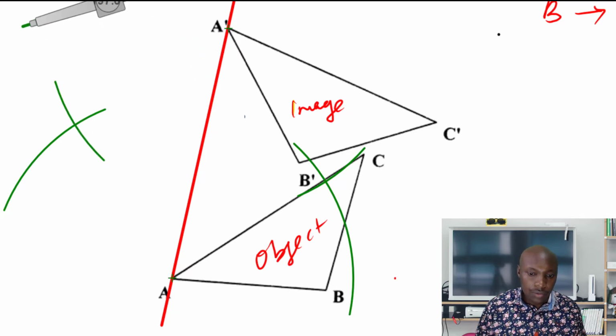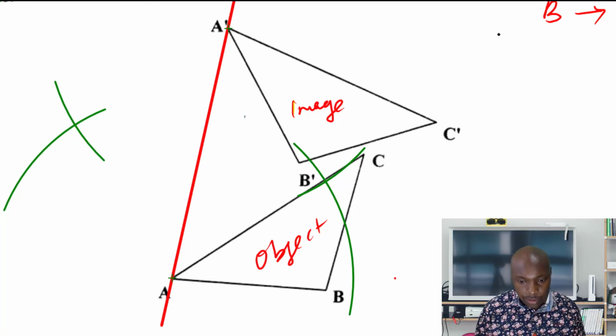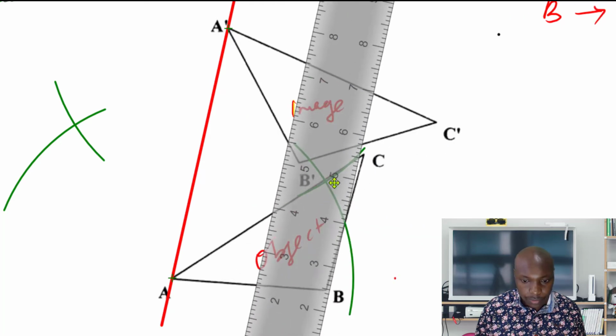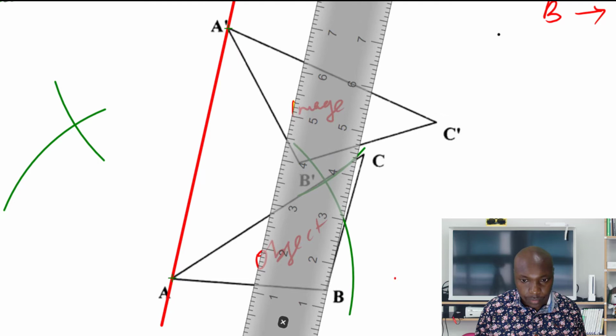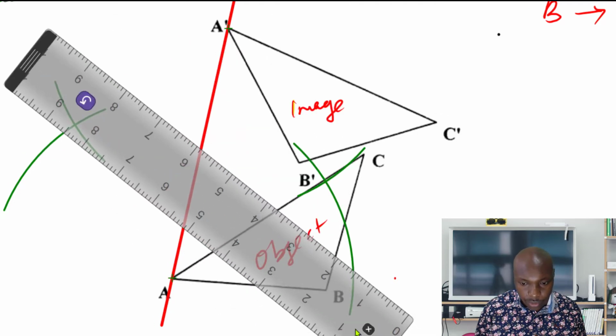So that is how you construct a perpendicular bisector. So from there, take your ruler and join the point of intersection of those 2 arcs.